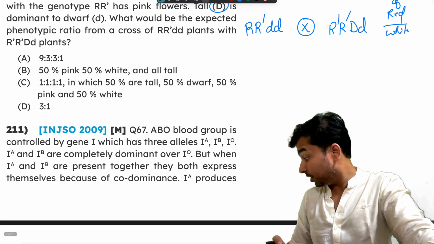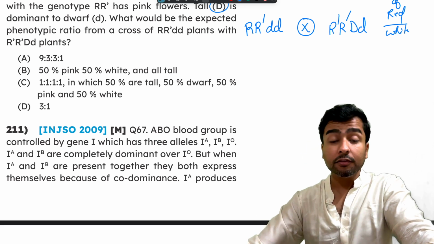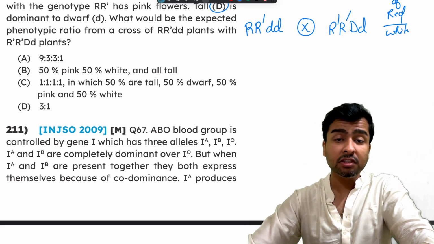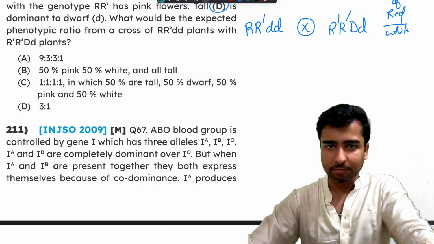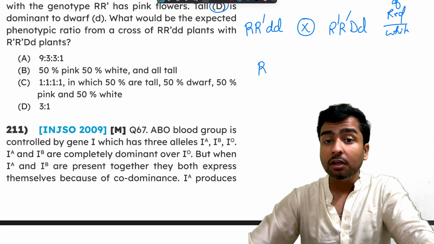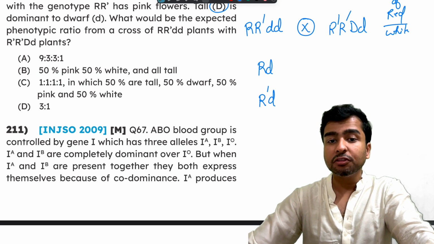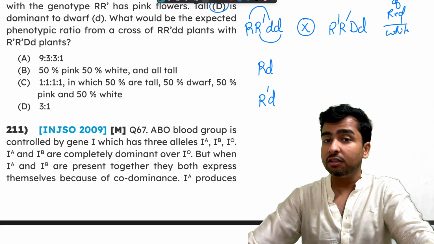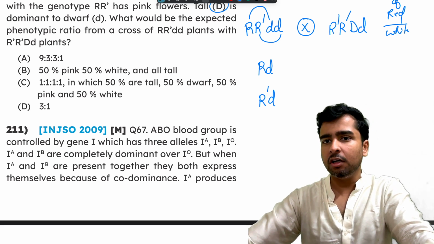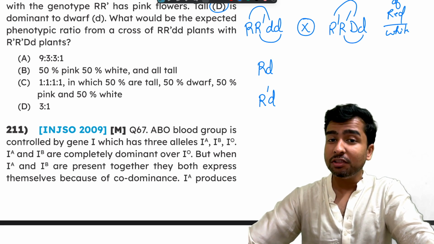The first important job that you have is very simple: write the gametes. So from the first individual, what would be the gametes? Big R with small d, and R dash with small d. Only two gametes. What are the gametes possible here? R dash with big D and R dash with small d.